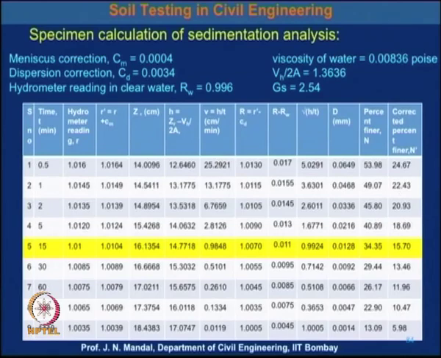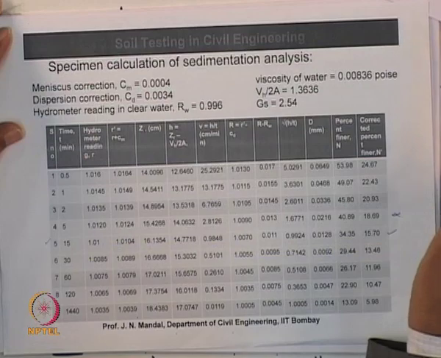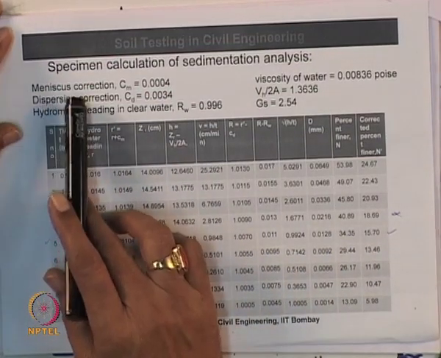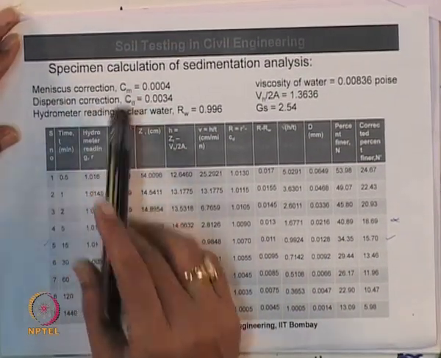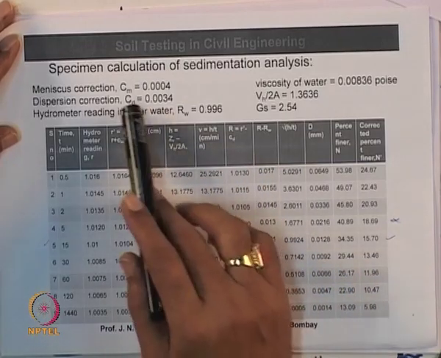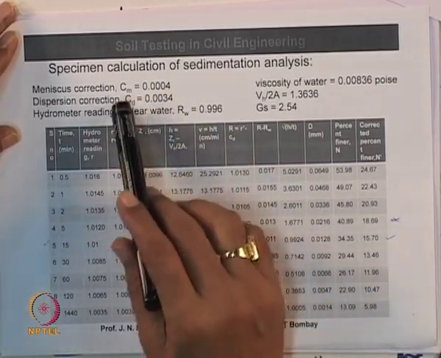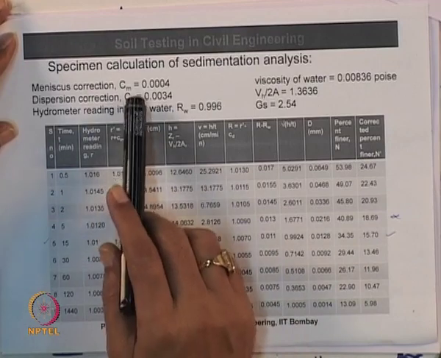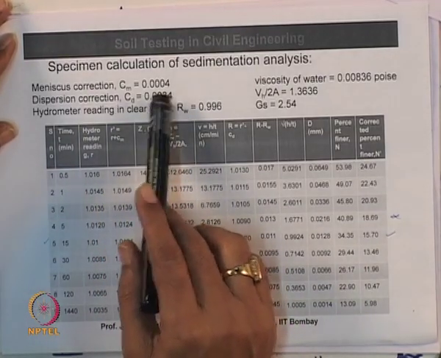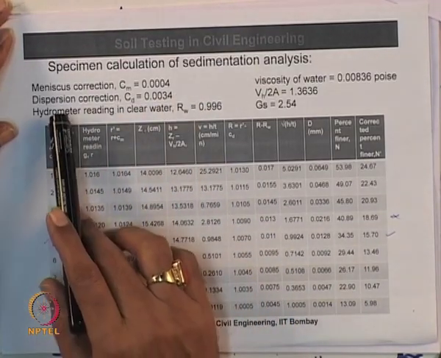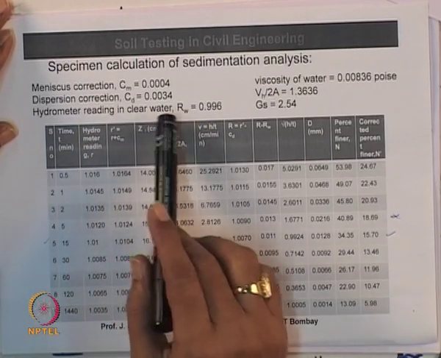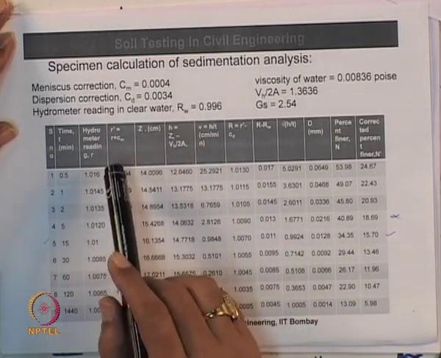Here we have the meniscus correction, let us say Cm. I will show you how to calculate the specimen calculation. Cm is equal to 0.004 and the dispersion correction CD is 0.0034.